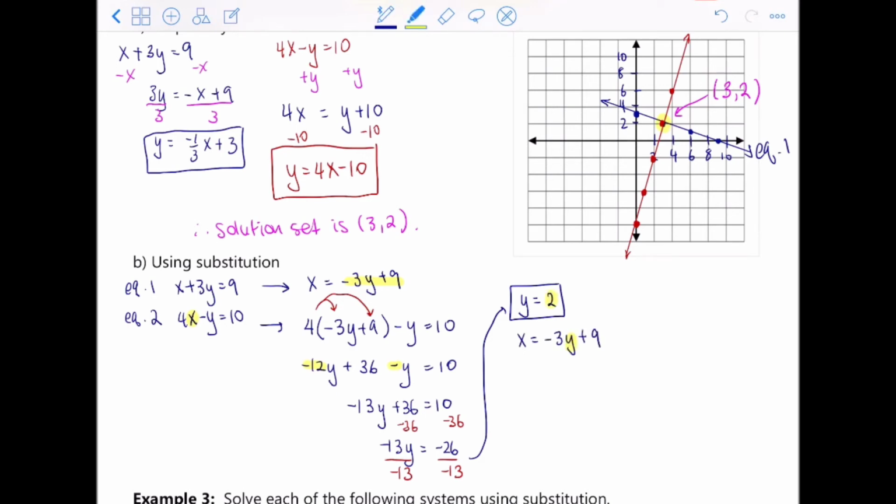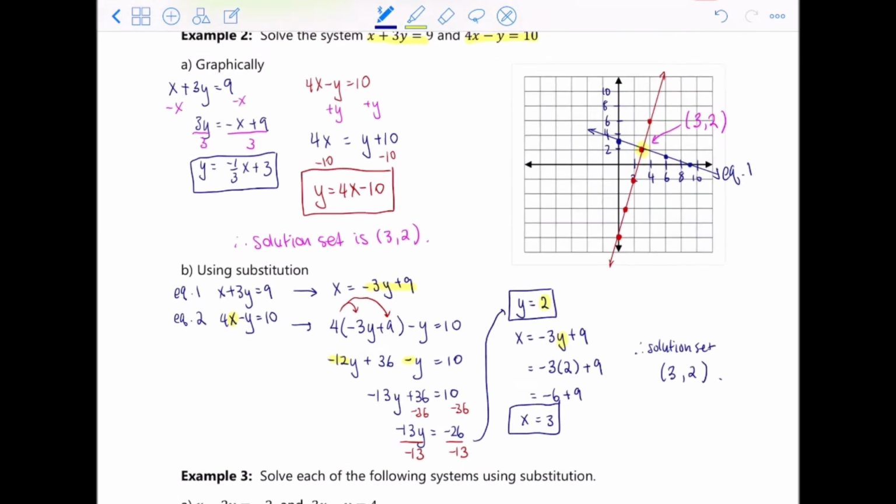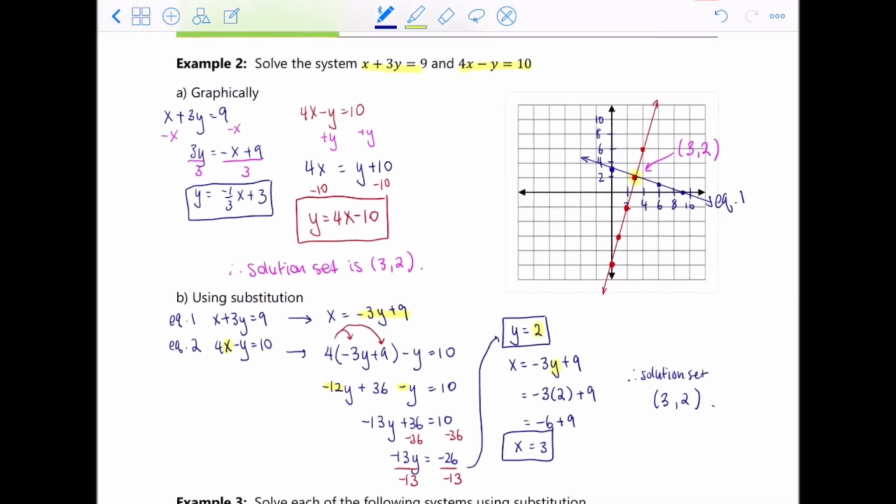This 2 goes in right here. So x is negative 3 times 2 plus 9. So we get x equals 3. So the solution set is 3 and 2. And we have verified it in 2 different ways.